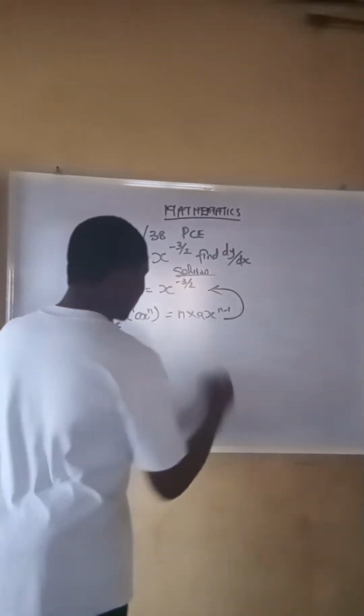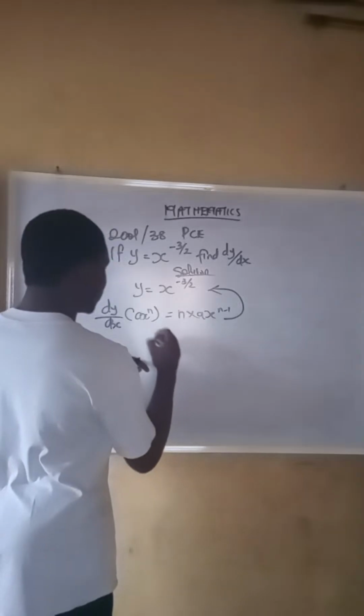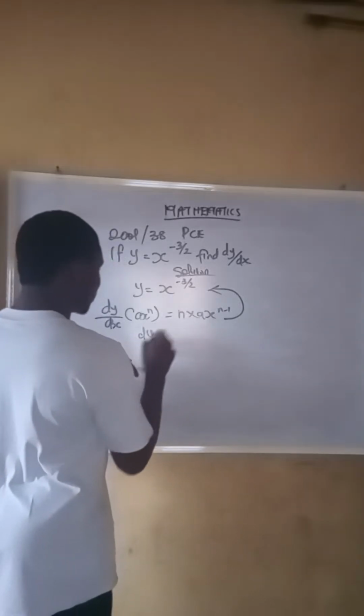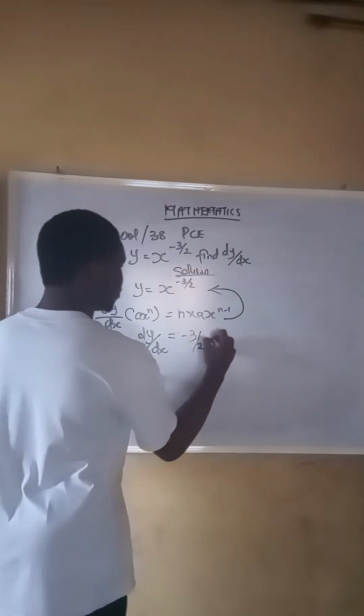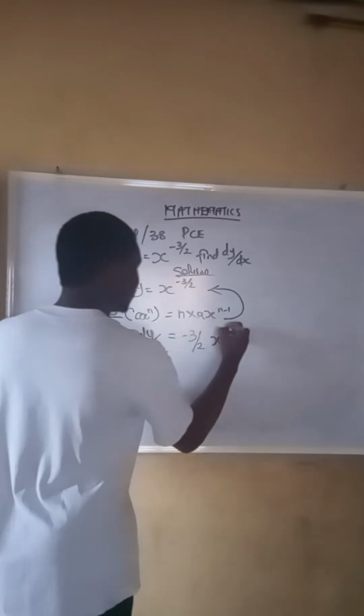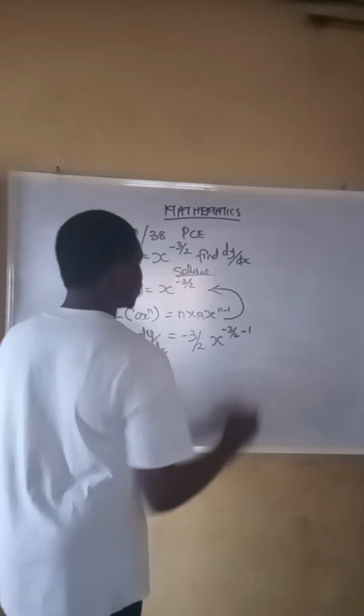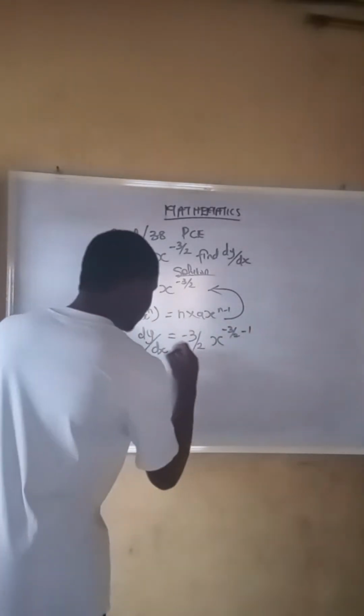For you to do this here, you'll be having y. The dy over dx will be equal to negative 3 divided by 2 times x to the power of negative 3 divided by 2 minus 1. Alright, so what do we do next? We proceed.